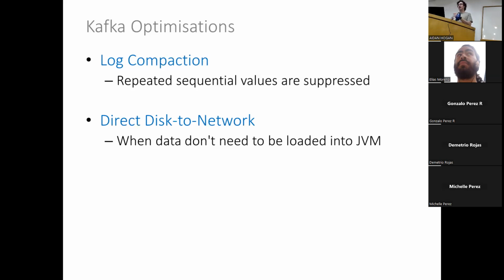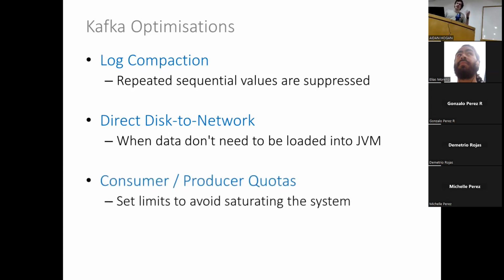The idea of direct disk to network is to avoid the JVM, just move the data as bytes directly and have the consumer read that data directly without having to deserialize and serialize the data. Also, consumer and producer quota.